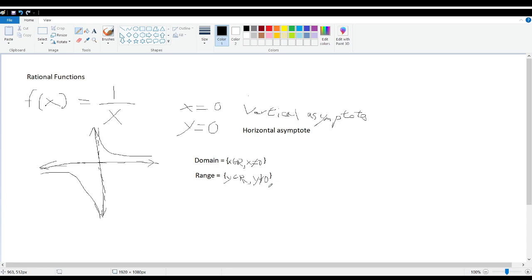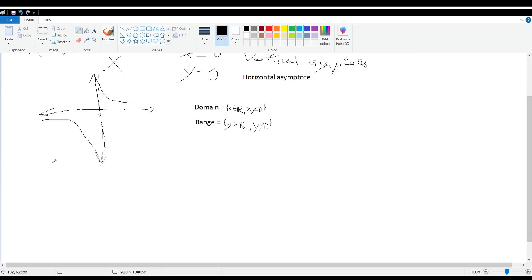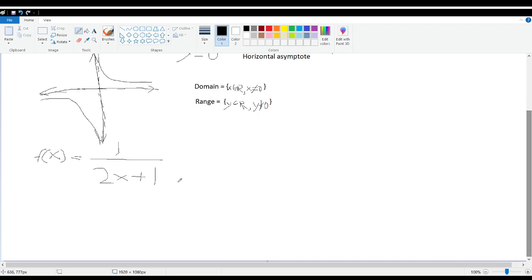So let's say here's a new function. Let's say 1 over 2x plus 1. So how do we actually find the vertical asymptote and the horizontal asymptote? Well, to find the vertical asymptote, we need to set the denominator to 0. So 2x plus 1 equals 0. We just need to solve this equation.